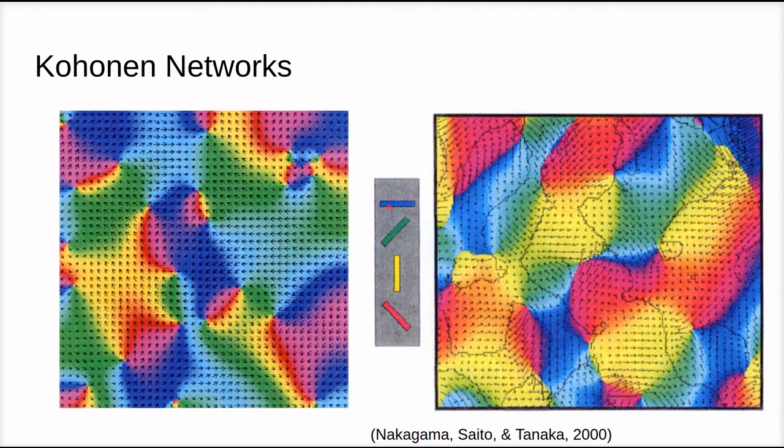We have four colors that represent the four stimuli: a horizontal bar, one oriented at, say, positive 45 degrees, a vertical bar, one oriented at negative 45 degrees. And the arrows, where the length and direction correspond to the speed and direction of motion of the stimulus through the visual field. I should say this map represents the most preferred stimuli out of this set.